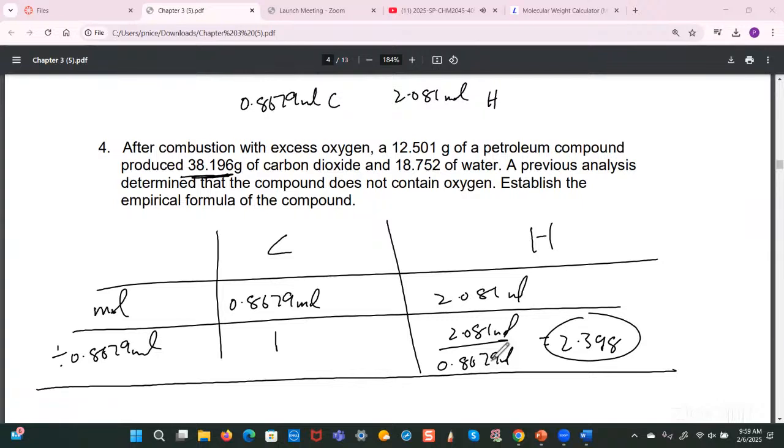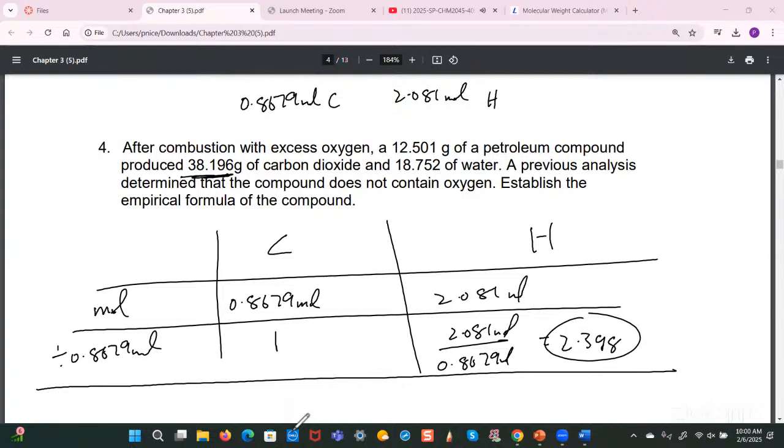I got 12 on here. What's that? I have 12. 12? What do you mean? C5H12. Oh, you mean, so what do you multiply to get 12? By 5. Oh, okay, by 5. 2.4 times 5.